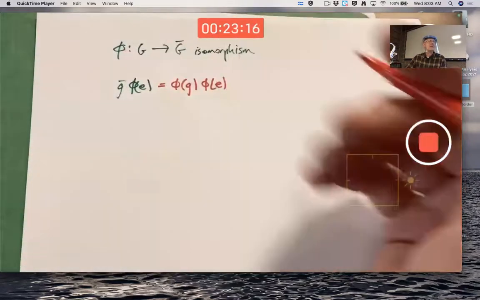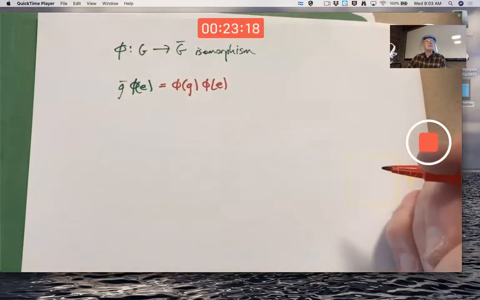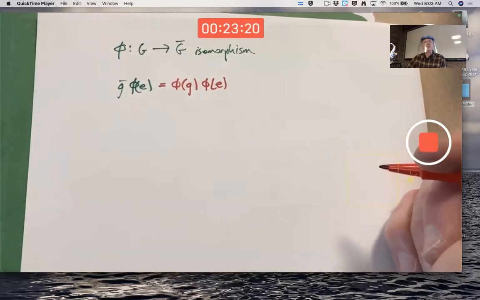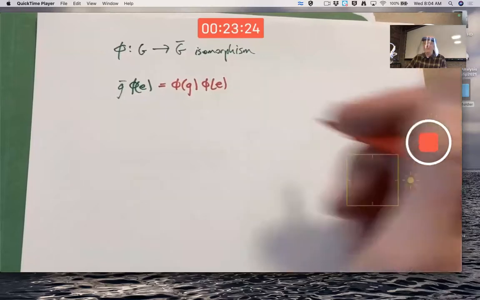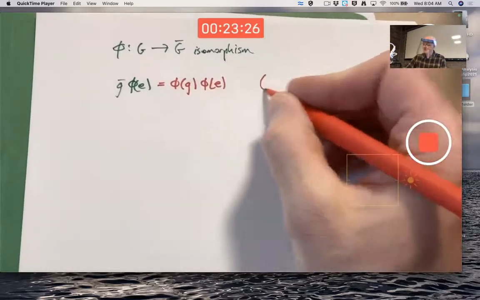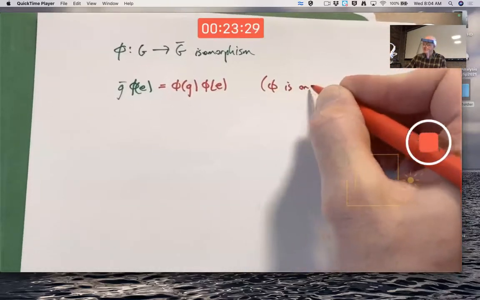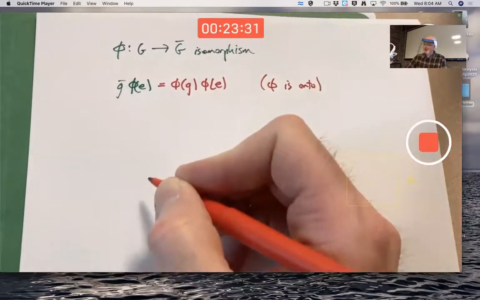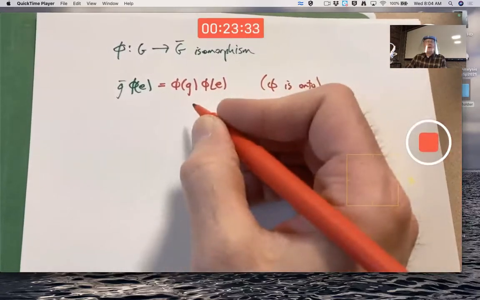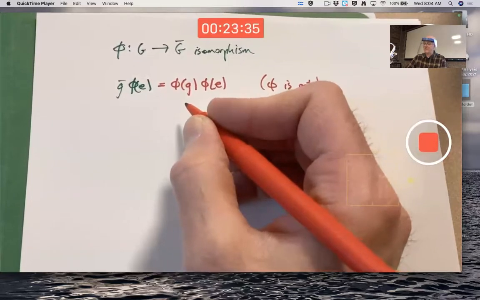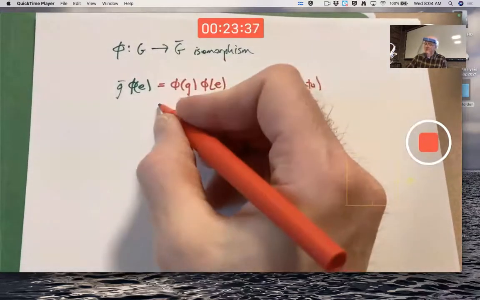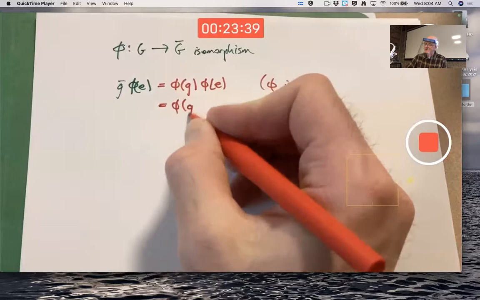You'd say something like, since phi is onto, there exists a little g in capital G such that G bar equals phi of g, and therefore you can write this. Then when you see something like this, I hope you're starting to feel you're at the point where it clicks that, hey, I better use the fact that phi is operation preserving to write this like this.